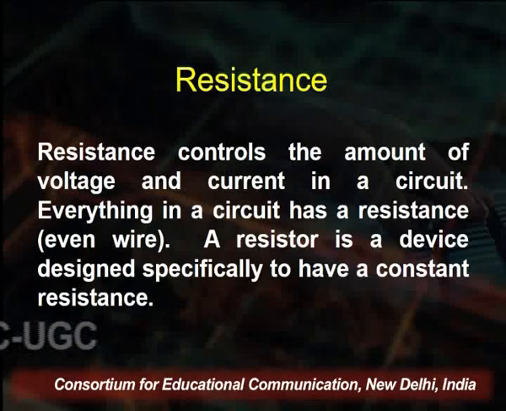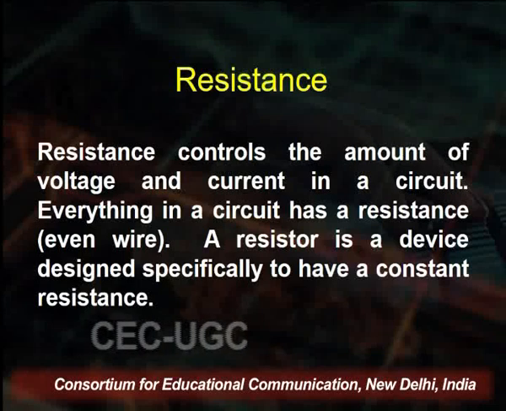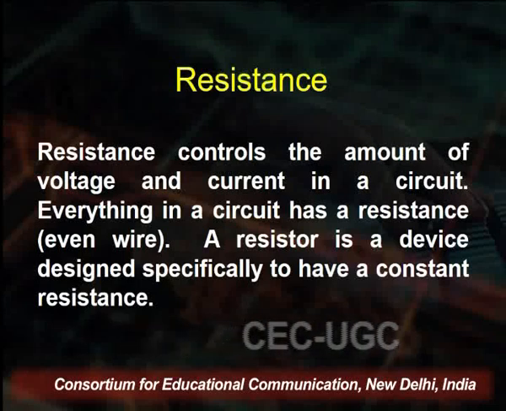Resistance controls the amount of voltage and current in a circuit. Everything in the circuit has a resistance, even wire. A device designed specifically to have a constant resistance is the resistor.